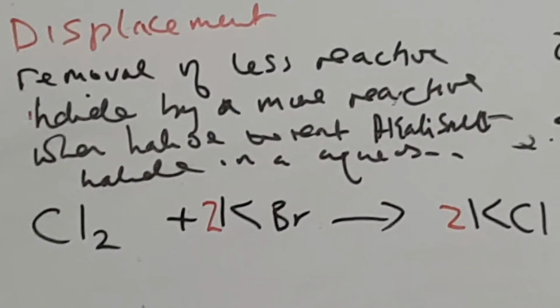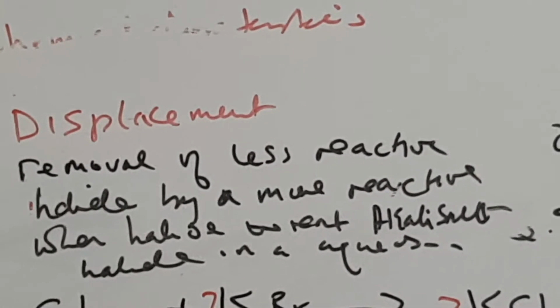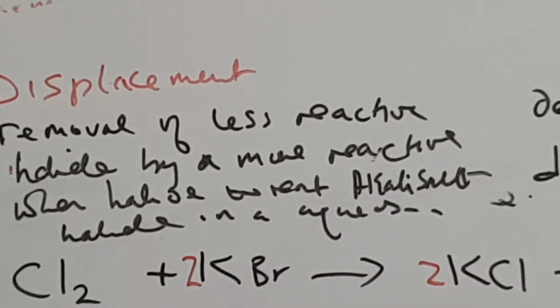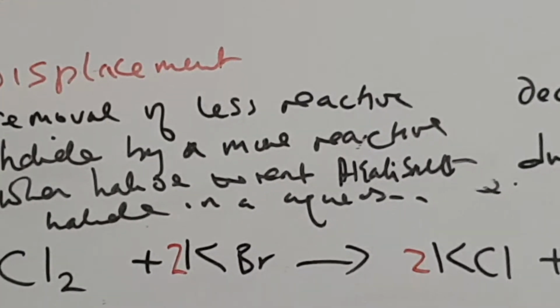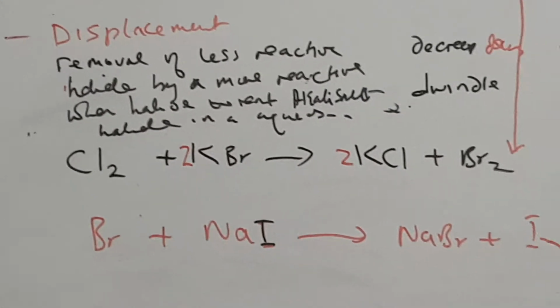Bromine is more active than iodine, so bromine displaces iodine from a salt of a halide, a sodium halide, in this case sodium iodide.